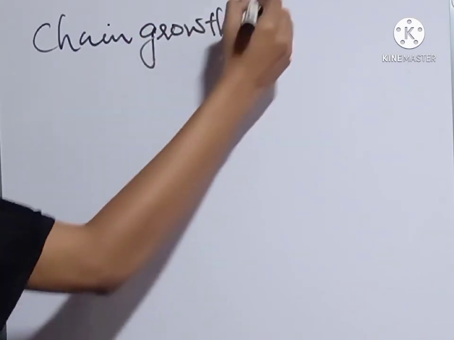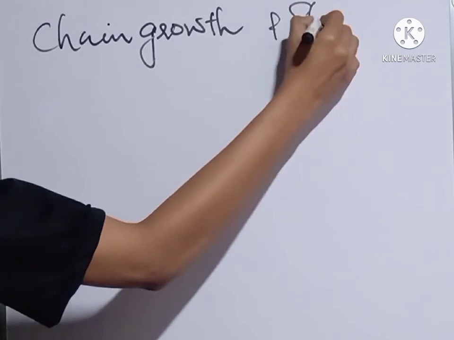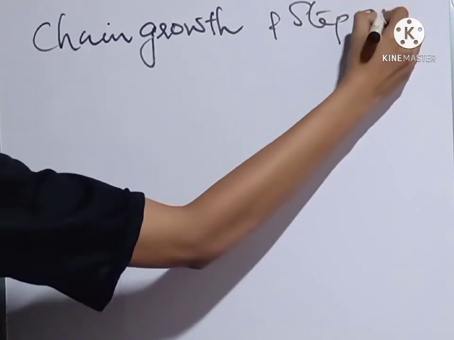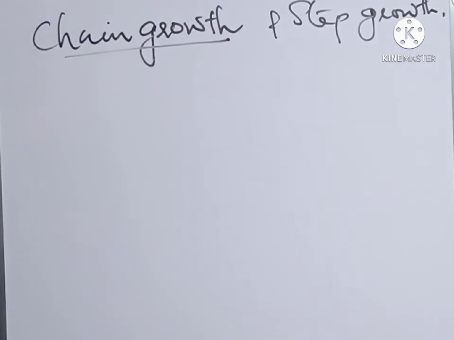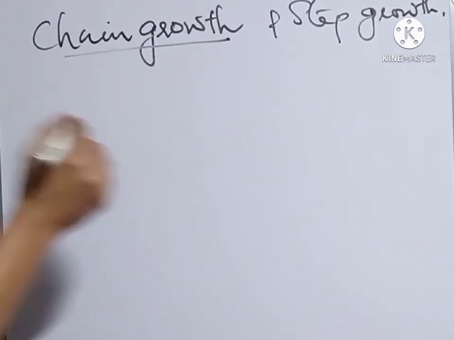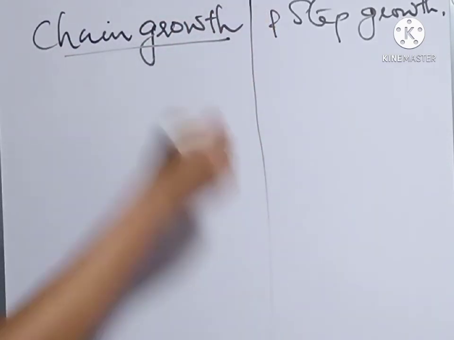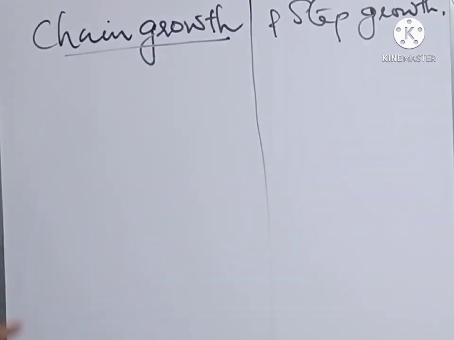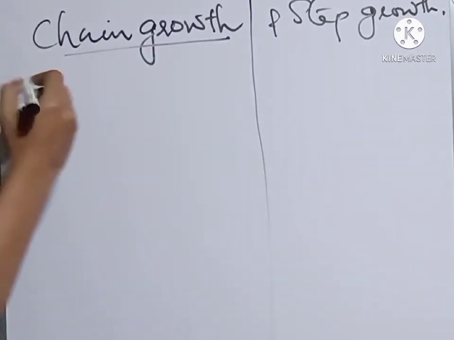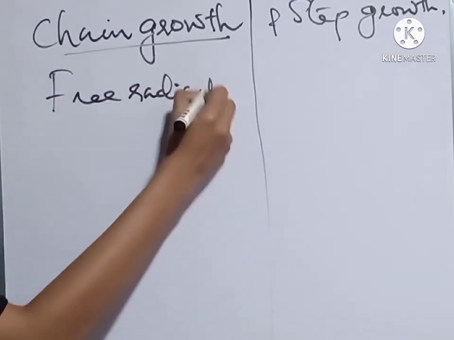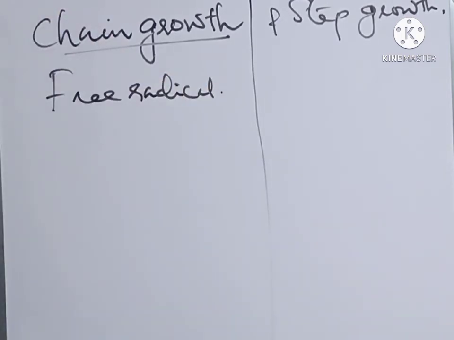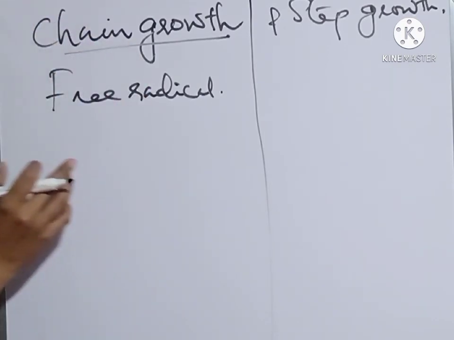First of all, chain growth polymers. Chain growth polymerization means the intermediates involved in the reaction are free radicals. So the reaction is done by a free radical mechanism.